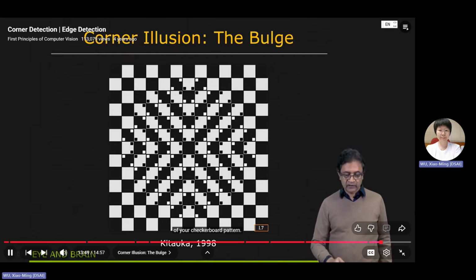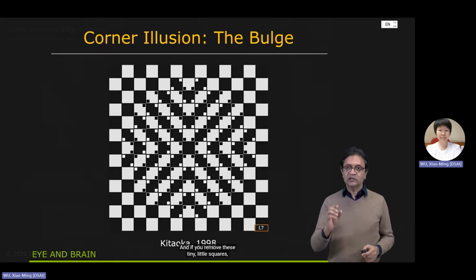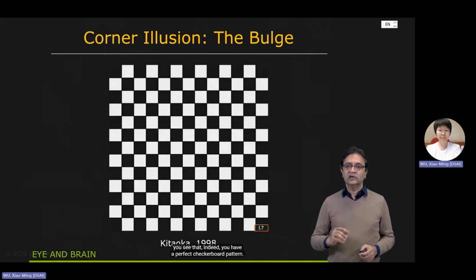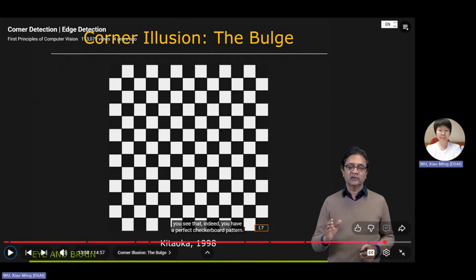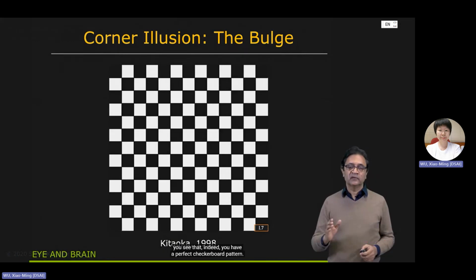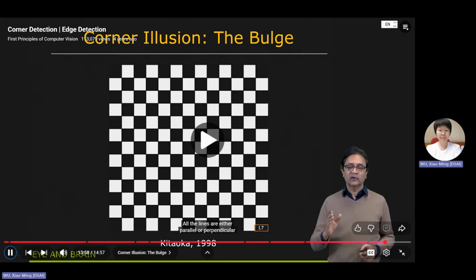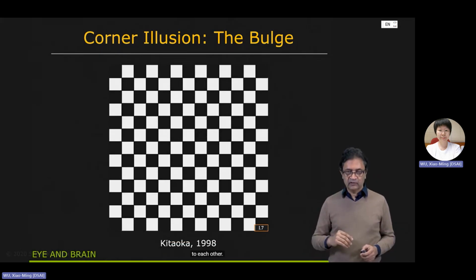Your checkerboard pattern. If you remove these tiny little squares, you see that indeed you have a perfect checkerboard pattern. These little squares create some illusion. All the lines are either parallel or perpendicular to each other.